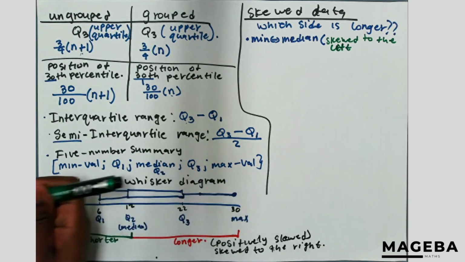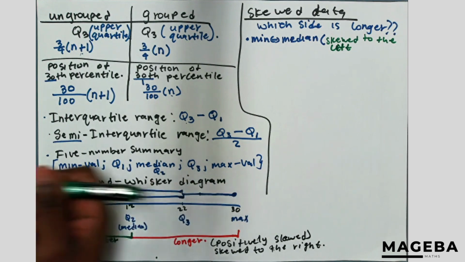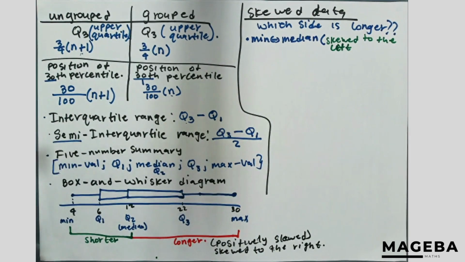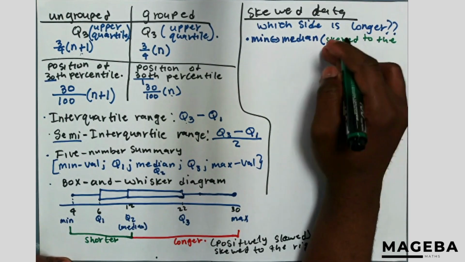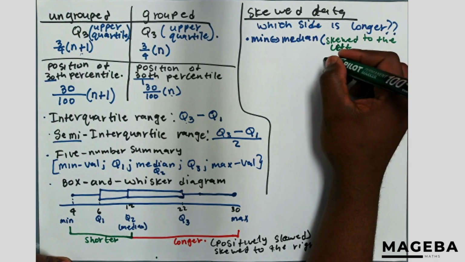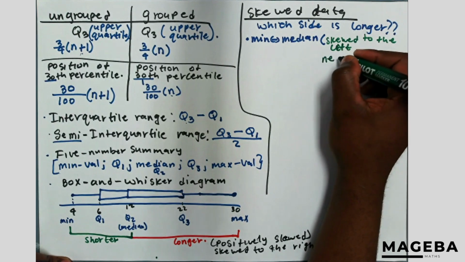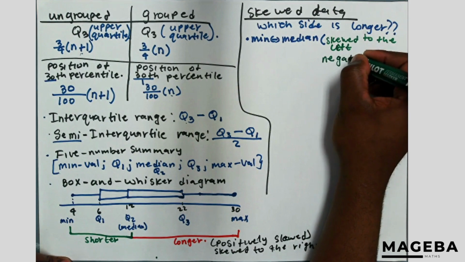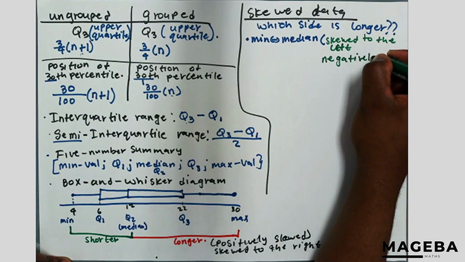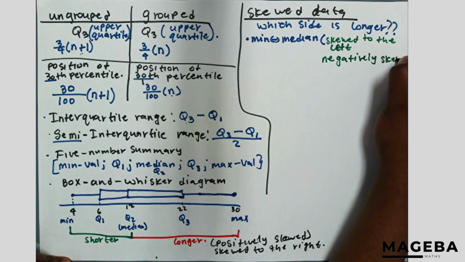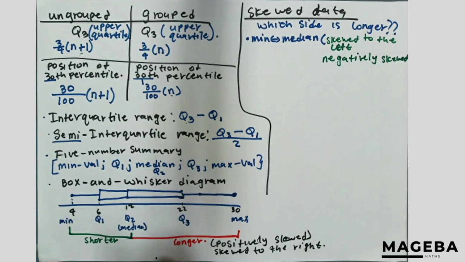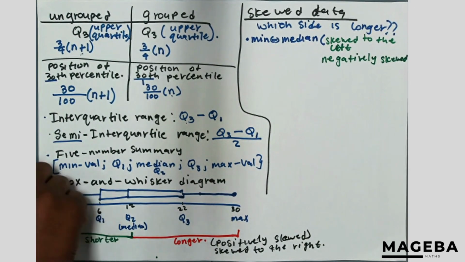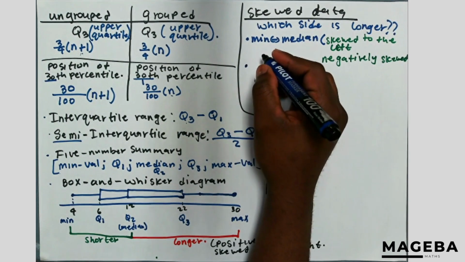Because if you are going to this side, you are going toward the negative numbers on our number line. So if you are not saying skewed to the left, you're going to say negatively skewed.